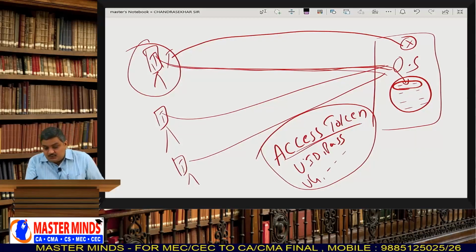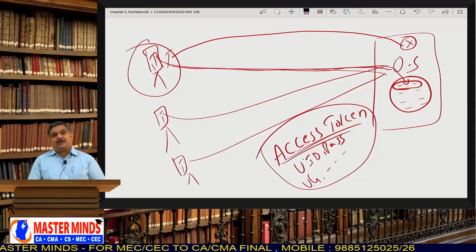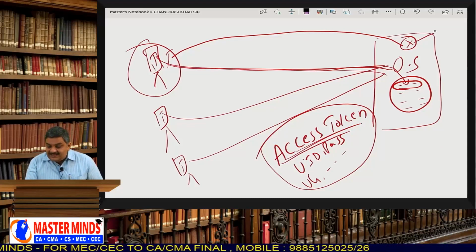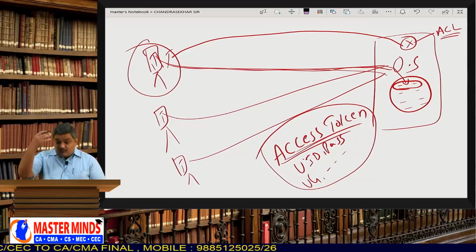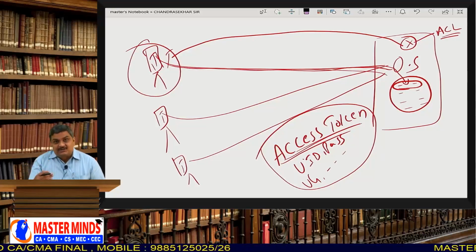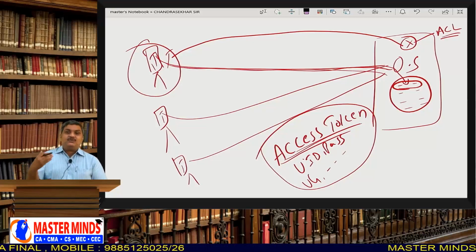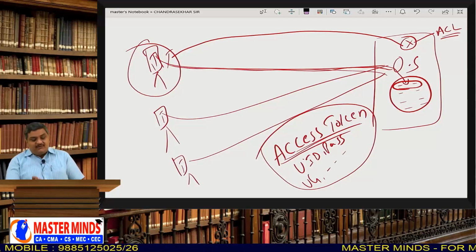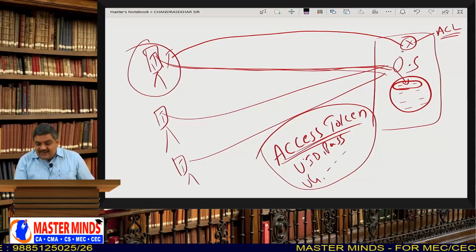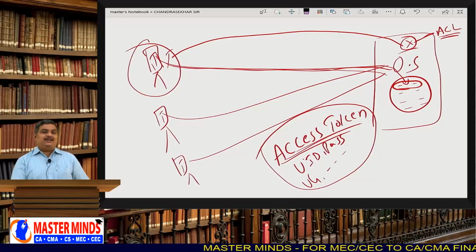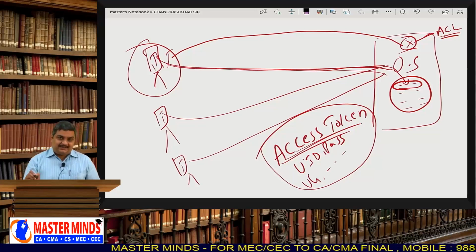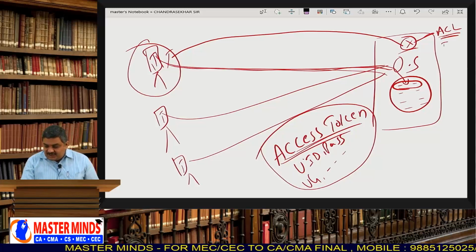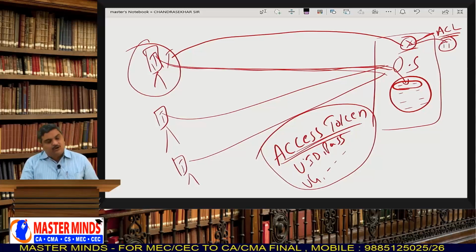Now what does the operating system do? It will first check my access token, and also there is an access control list for the file X. And what does that list consist of? That list consists of the users' names who can access that file. So whenever I click to open the file X, the operating system verifies the access control list of file X, and it will check whether this terminal 1 can access this file or not.